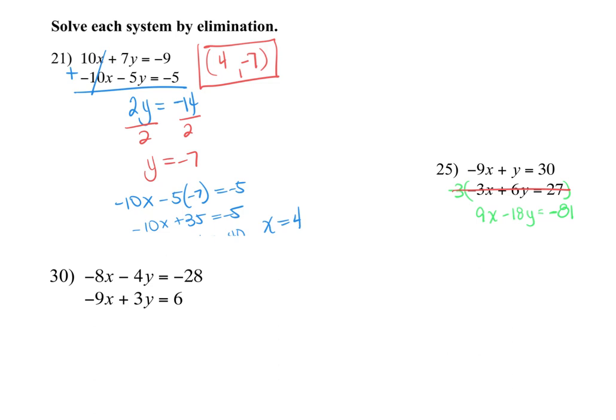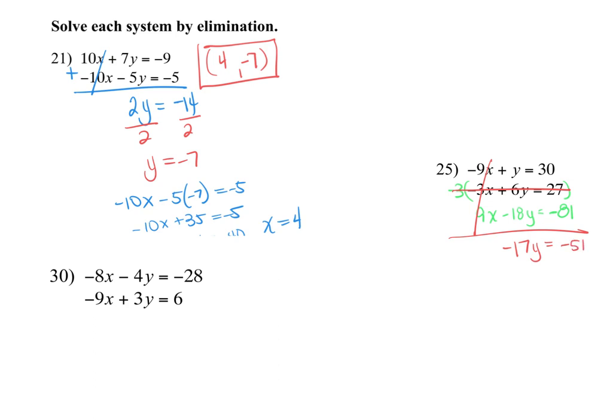Make sure that you're not, if it's the one below it, either rewrite both of them or just cross through that middle one so you know to add the top and the bottom. So I have negative 9 and positive 9, those cancel. I have 1y and negative 18y, that's negative 17y. And then I have positive 30 and negative 81, that is negative 51.